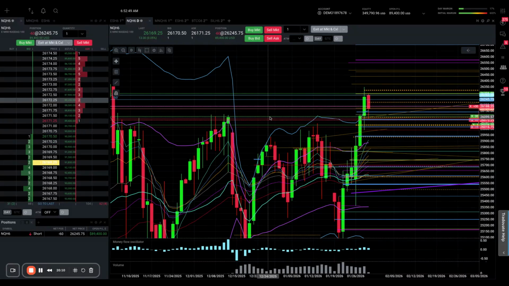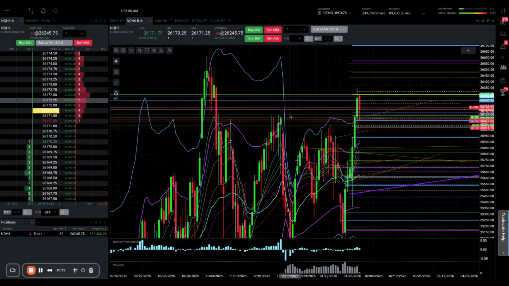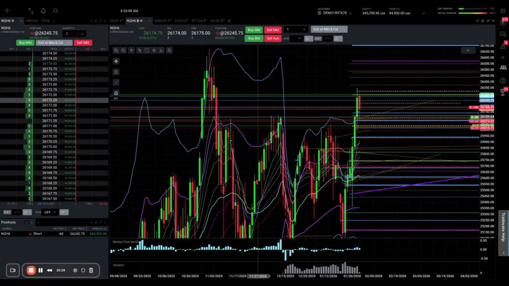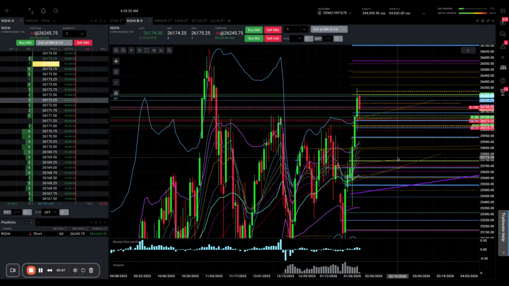If we don't hold this area right here, like if we drop below here basically and we can't get back up above this area, which is your 26,100, if we can't get above 26,100 today, guys, I need you to know that we are going to go down, down, down, down. So you need to know, it's very important. It's very, very important, guys.